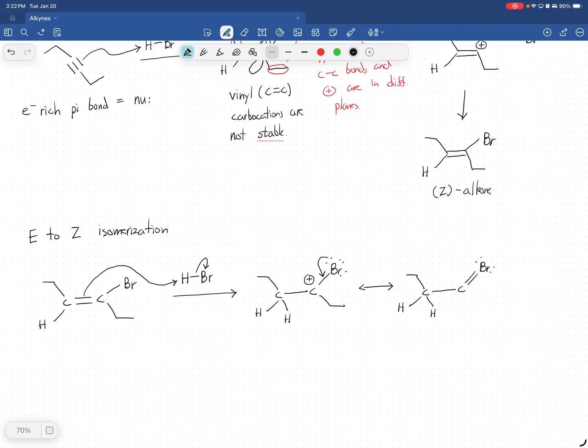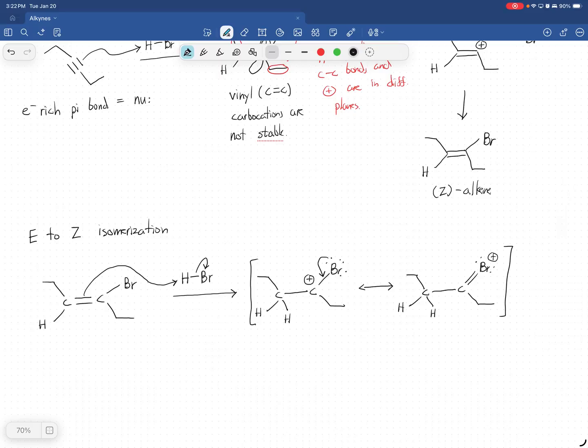So even though the bromine has a positive charge, this is an important resonance form that contributes to the stability of this structure, and why it's preferred to be protonated on the left carbon atom of the alkene. Okay, so now this is a resonance structure here. So that's why this form is preferred, and it protonates predominantly on the left hand side.